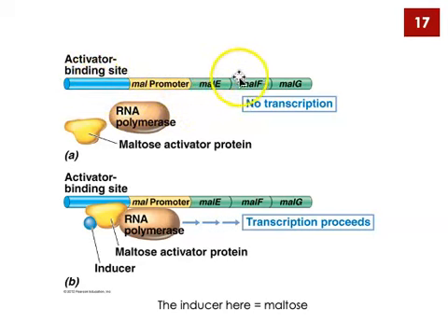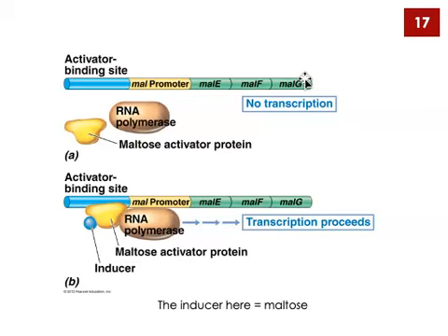And in green, we're looking at structural genes, structural or protein coding portions of the gene. So they've got these labeled MAL-E and MAL-F and MAL-G. These are 3 different codes for 3 different proteins, 3 enzymes. And these are the enzymes that are needed for the process that breaks down the maltose sugar.